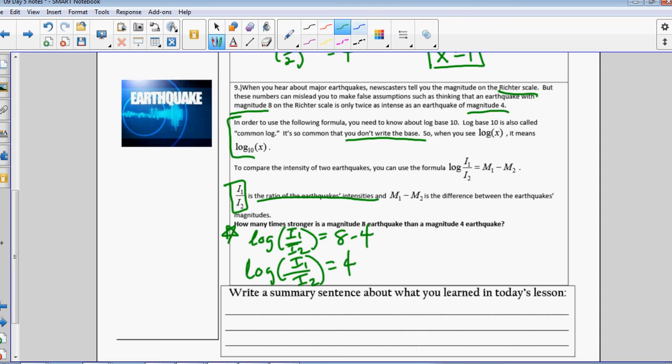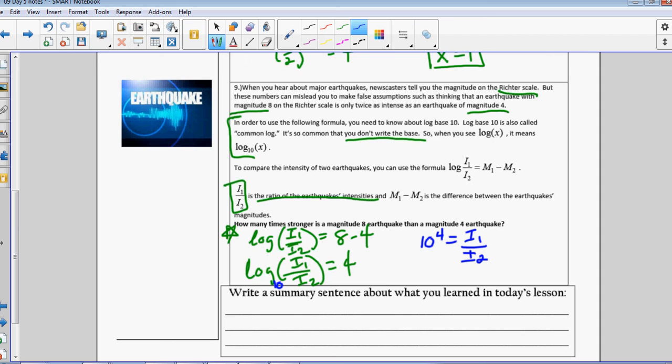And then some people are getting stuck, but then remember that log means log base 10. So you can rewrite that as an exponential. You can write 10 as your base and 4 as your exponent, and this is equal to the ratio of the intensities. And that's what you're trying to find. You're trying to find the ratio of the intensities.